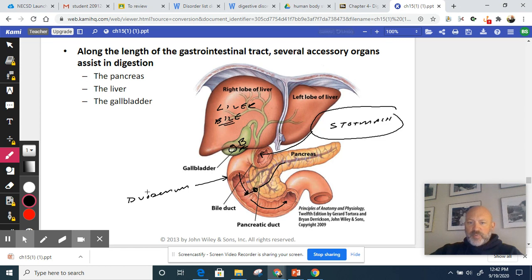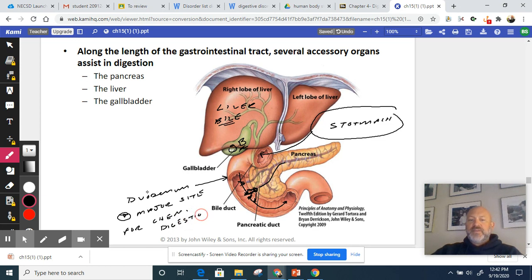So this would be splashing the food as it's driving by with pancreatic enzymes and then bile salts from the liver and the gallbladder. So the duodenum is a major site for chemical digestion.